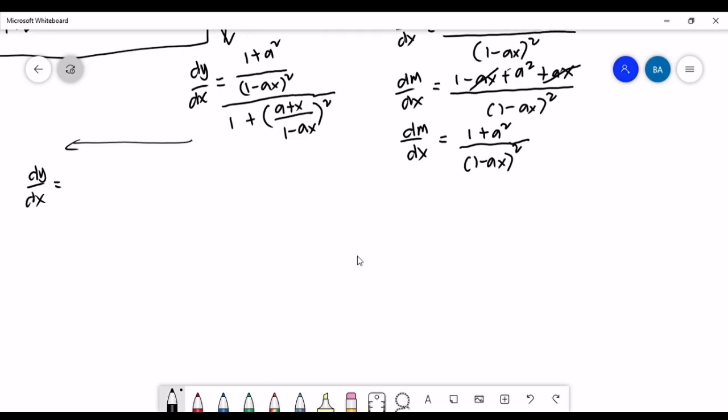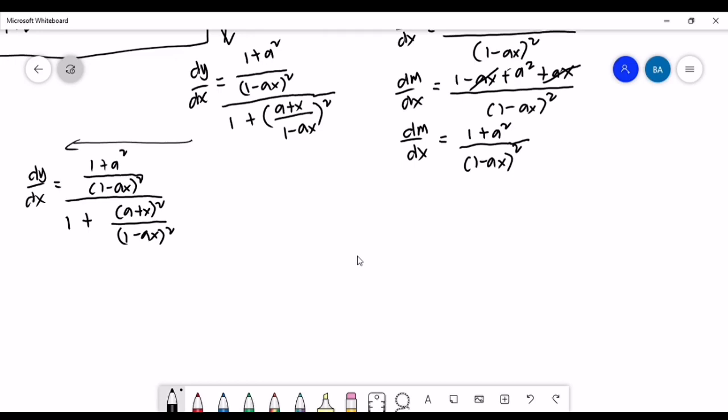So (1 plus a squared) over (1 minus ax) squared, over 1 plus, this is also 1 plus (a plus x) squared over (1 minus ax) squared.